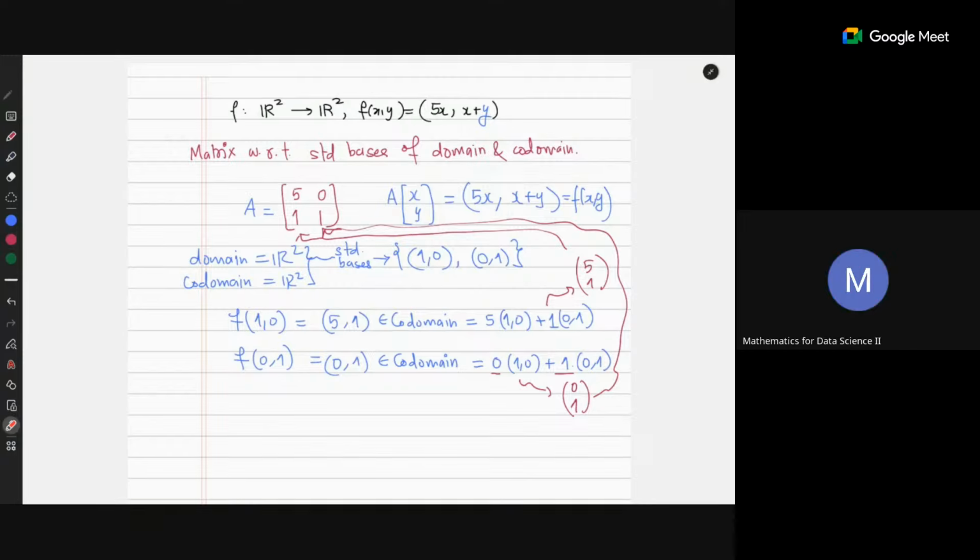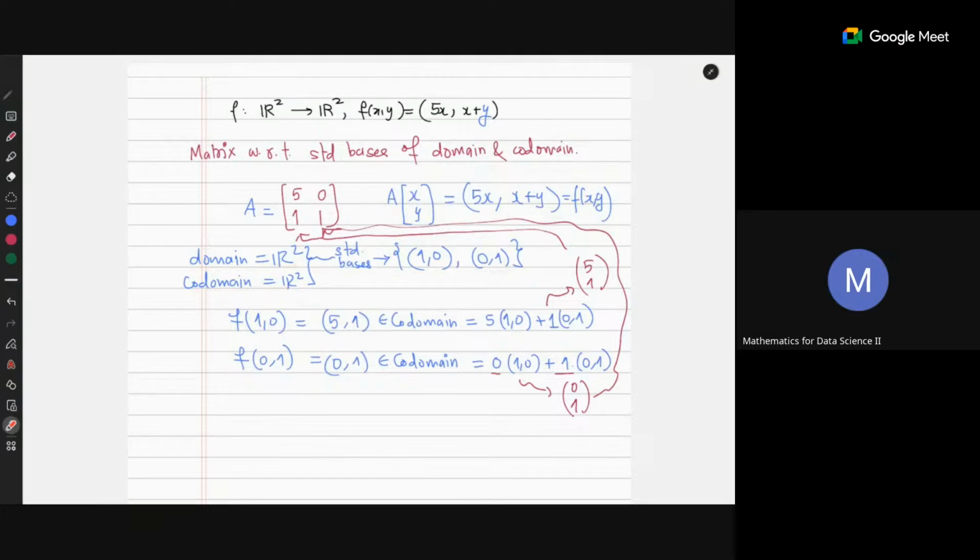I've just looked at the image. Okay, let me explain it again. I have started with the domain and codomain's standard basis. What are the standard bases? 1, 0 and 0, 1.